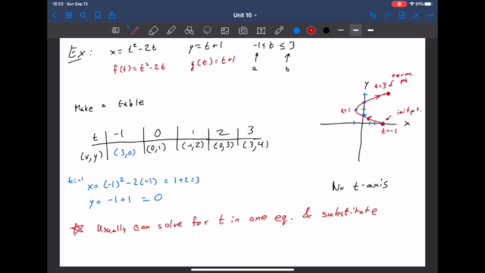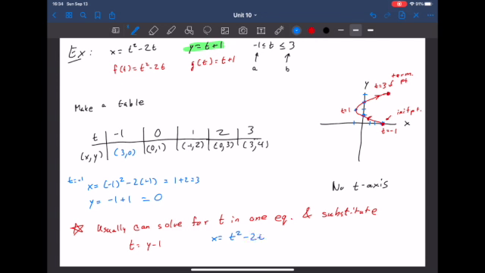How are we going to do that? If we look at our equations, we have one that's a lot easier to solve for t, the y equation. So t could be described as y minus 1. And again, we had x equals t squared minus 2t.